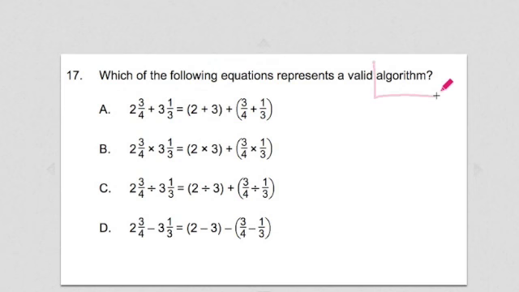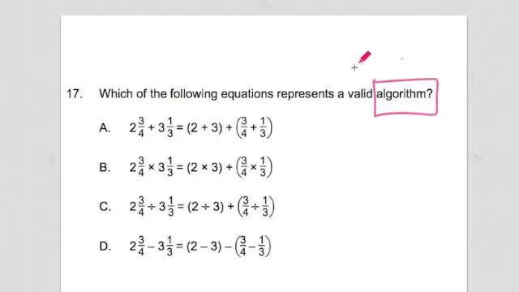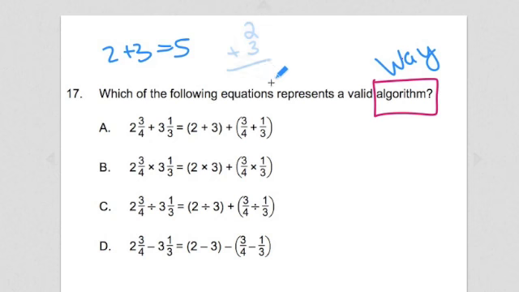What about algorithm? What's an algorithm? Think about it this way, team. An algorithm is a way of doing something. Just like I did 2 plus 3 equals 5, I could have easily done 2 plus 3 this way, equals 5.